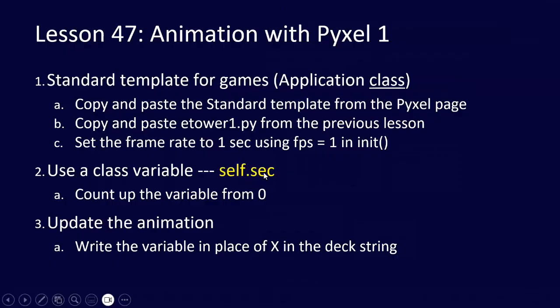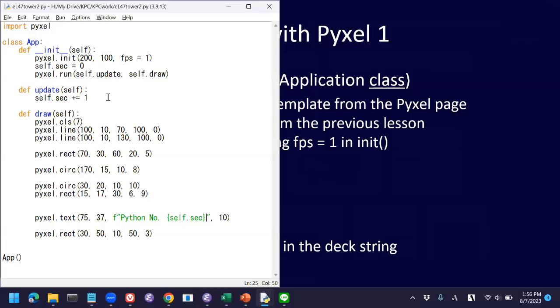For example, in this case, we use sec, and it's initialized as 0 in the init section and incremented by 1 each time update is called. And update and draw are alternately called every 1 second because FPS equals 1. Okay, right?